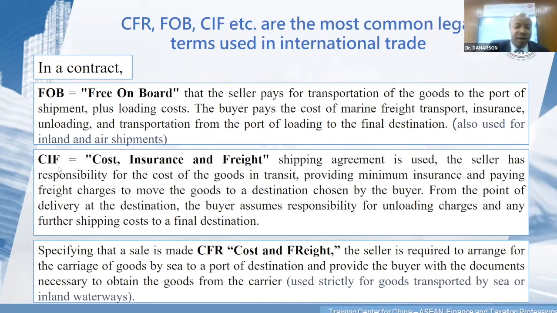The other one is what we call CIF: cost, insurance, and freight. It is a shipping agreement used in international trade as well, where the seller has responsibility for the cost of the goods in transit, providing minimum insurance. That's what is said in the name. You have insurance being paid, and paying the freight charges, which is the freight part of the name, to move the goods to a destination chosen by the buyer.